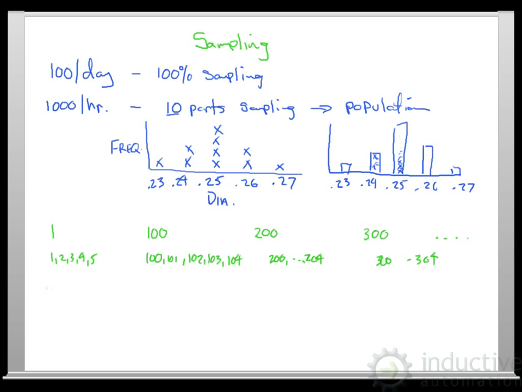A few terms that we'll talk about here: this is a sample, and this is a sample. That's where we're sampling our data. Now, what size is that sample? In this case, we have a sample size of 5. In this case, we have a sample size of 1.